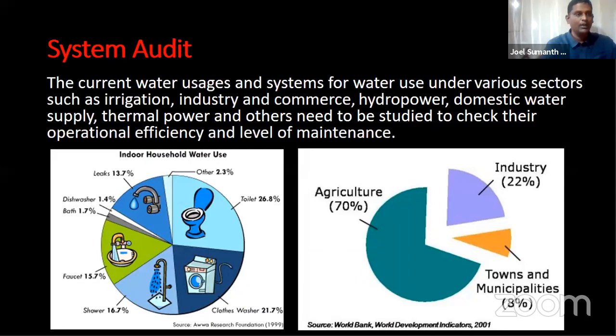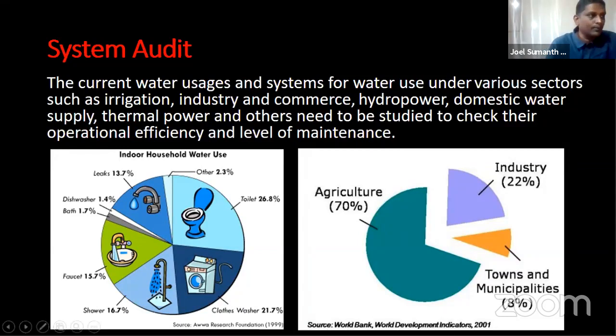Different sectors as in agriculture, how much water is being consumed, not required but consumed, in the agriculture sector, how much water is being consumed in the industrial sector, how much water is being consumed by the domestic sector, that is the towns and municipalities, like our housing colonies. So a system audit determines how much water is being consumed for different purposes.